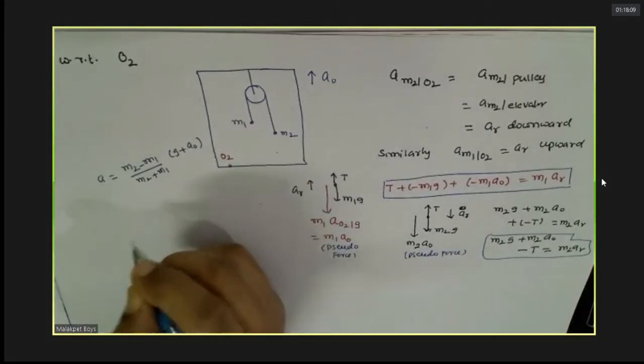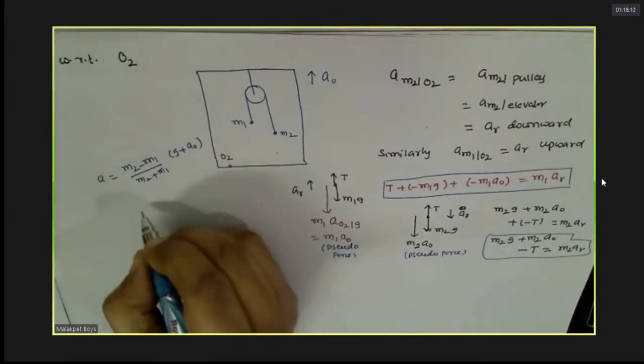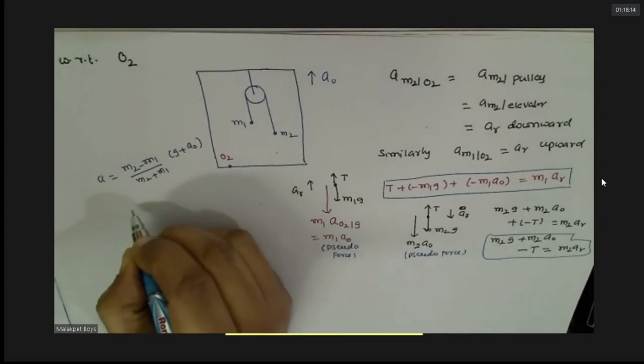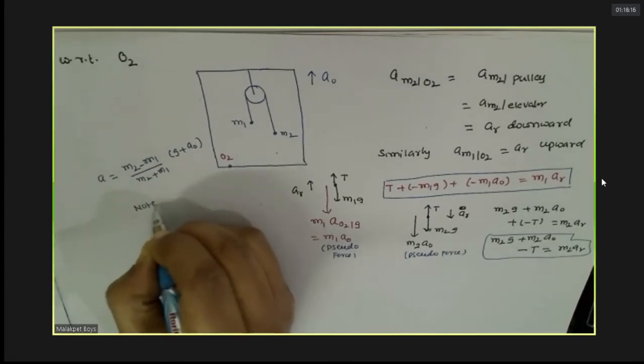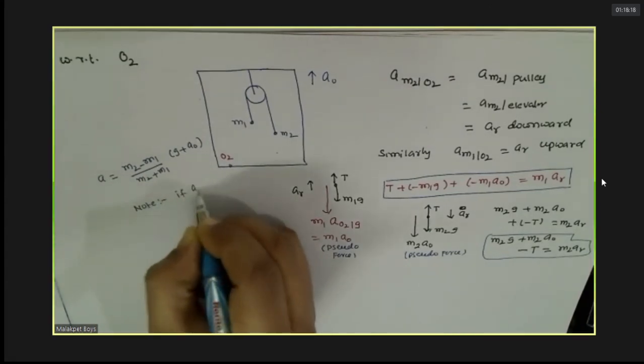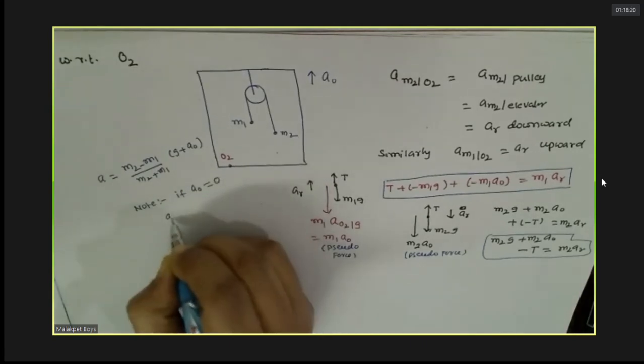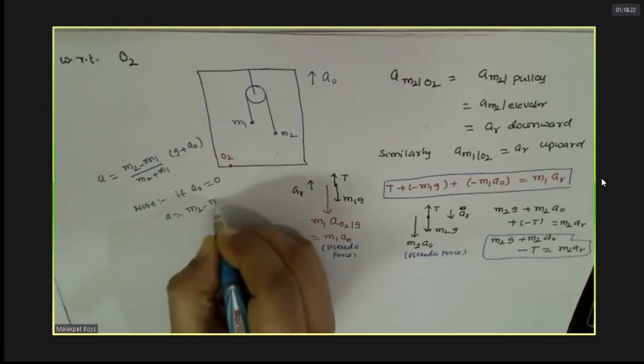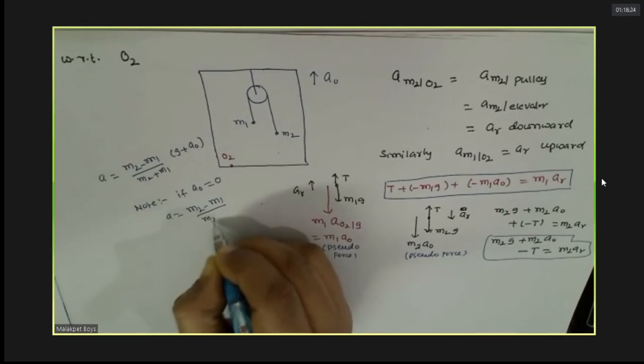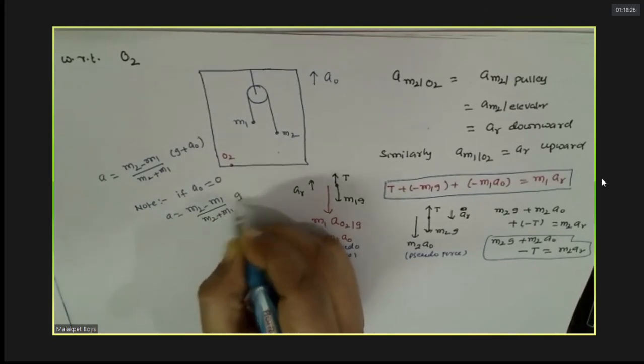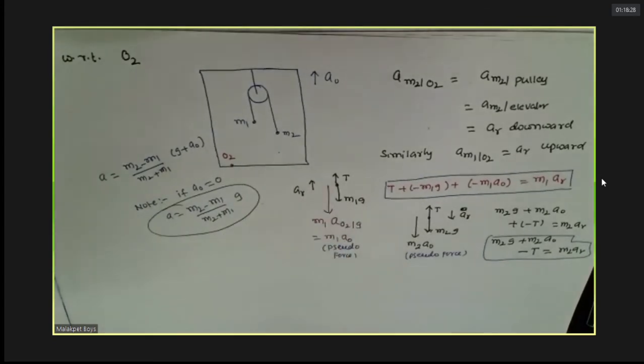Got this? Yes, sir. As you can see, if A naught equals 0, then you'll get the same thing as previously. Previously you got this, remember or not? The Atwood machine, previously you got this or not?